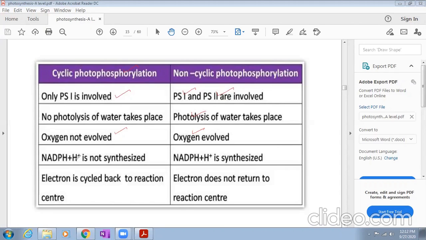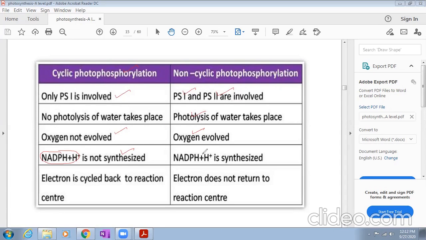In cyclic, NADPH plus H is not synthesized. It means NADPH will not be produced. Reduced NADP will not be synthesized. Why? Because the final electron acceptor is again photosystem 1.